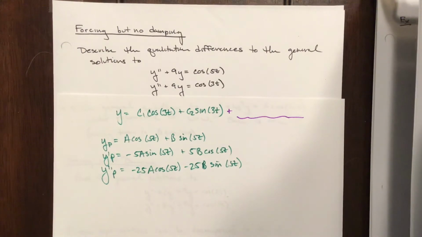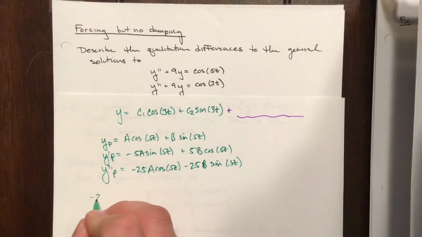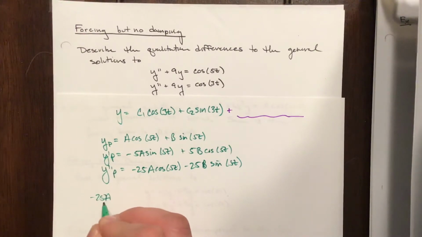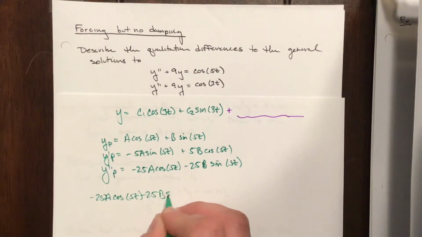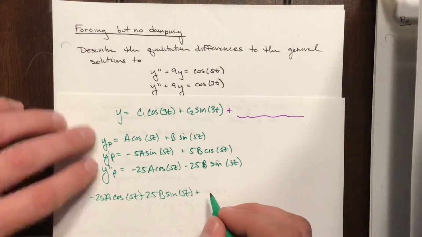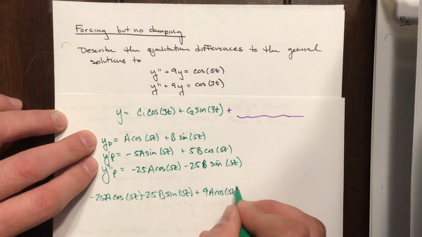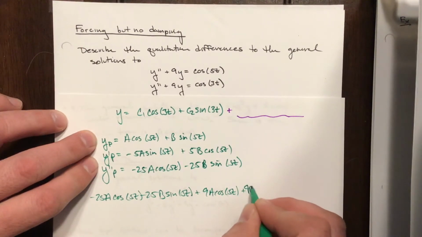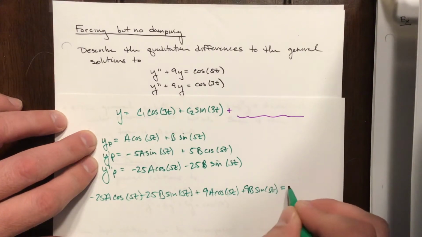Now plugging that into our differential equation, you get minus 25a cosine 5t minus 25b sine 5t plus 9 times a cosine 5t plus 9 times b sine 5t, and that's going to all equal cosine 5t.